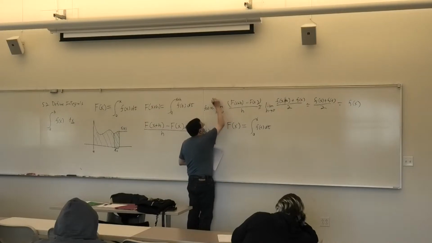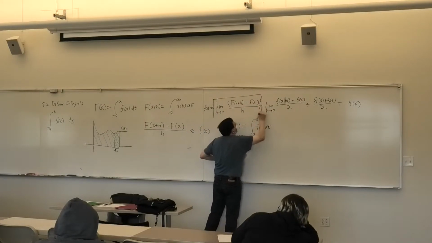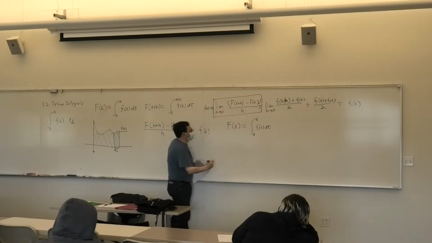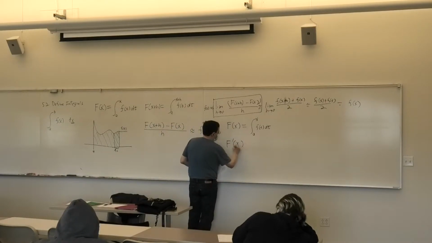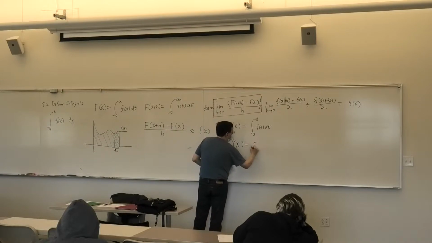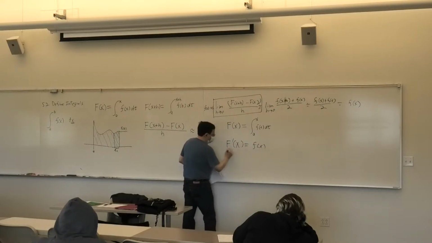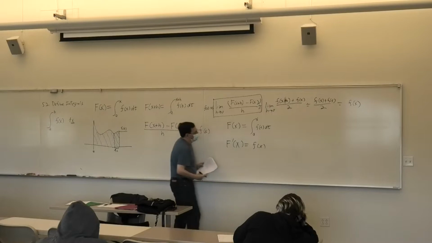But what is this the definition of? That's the definition of the derivative. So what we conclude is the derivative of big F is little f of x.